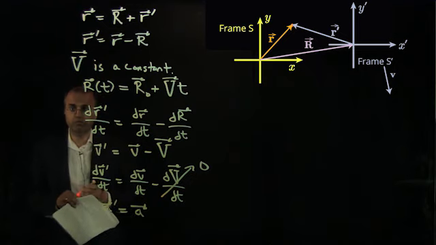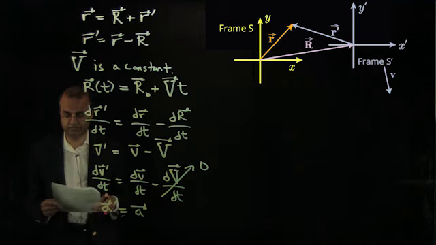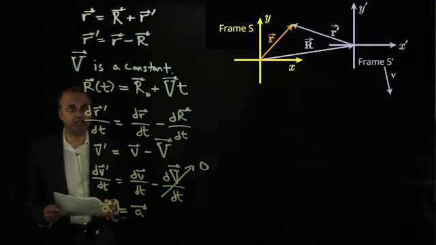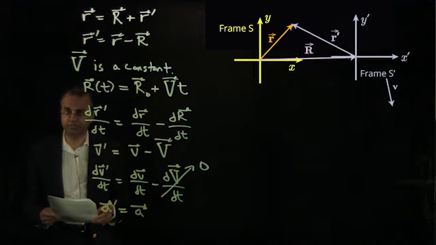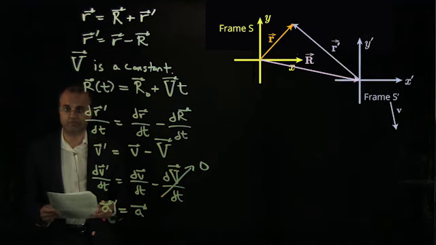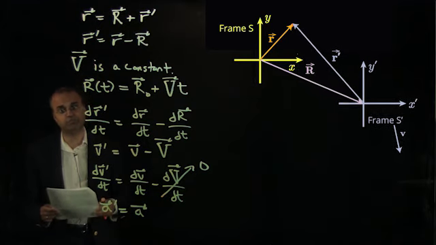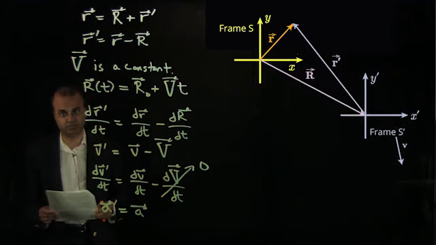So if I have two reference frames, one moving at a constant velocity relative to the other, in general, I will measure different positions and different velocities for an object, as measured by the two frames. However, the accelerations measured in both frames will be identical.